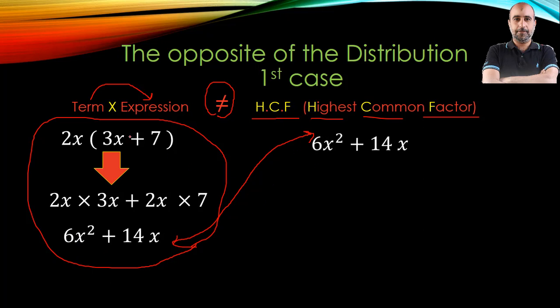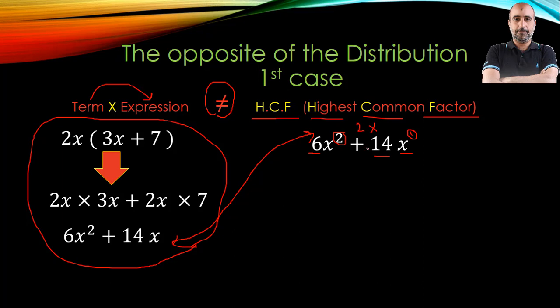How can I find the first step? It's called HCF. To find the HCF, first find the HCF between the two coefficients. The two coefficients 6 and 14, the HCF is 2. And x power 2, x power 1 not written, the smallest or the least power is power 1, then the HCF is 2x.